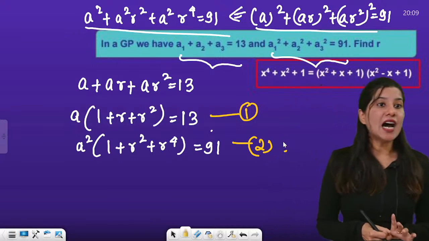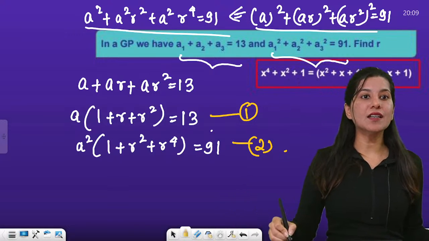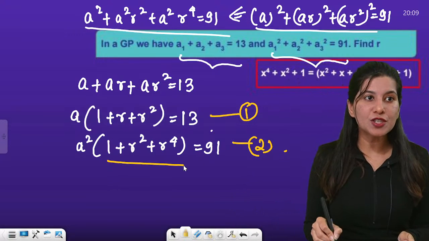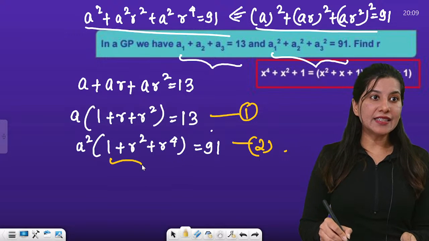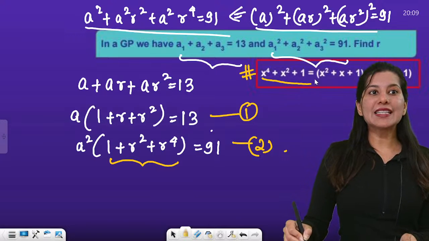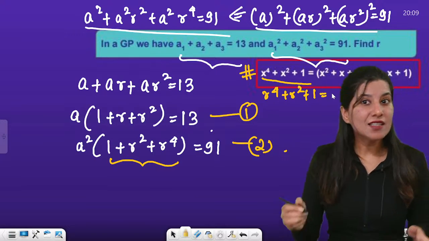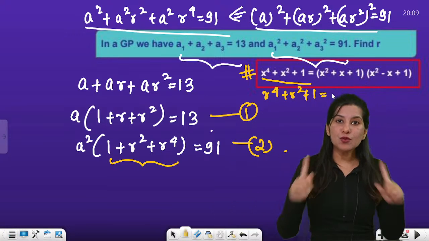Now 1 plus R square plus R raised to power 4, there is a very interesting thing about this expression, which is highlighted over here. Can you see this? X raised to power 4 plus x square plus 1, that is R raised to power 4 plus R square plus 1. It is a very popular expression, you all should remember.